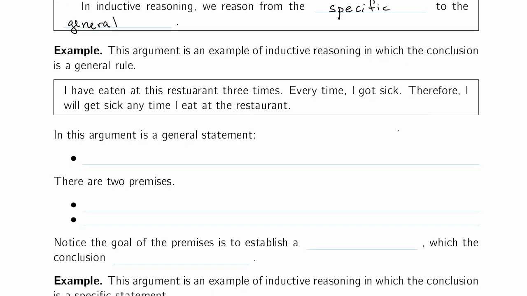In this first example, the conclusion is just a general rule. So, I've eaten at this restaurant 3 times. Every time I eat at this restaurant, I got sick. Therefore, again, that therefore marking the conclusion, I will get sick anytime I eat at the restaurant.